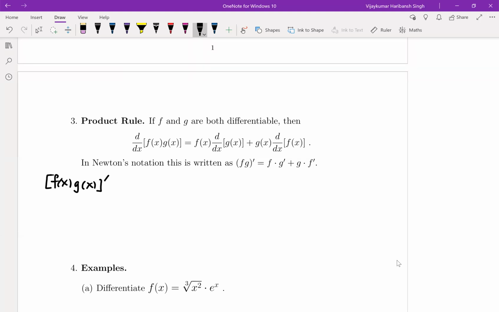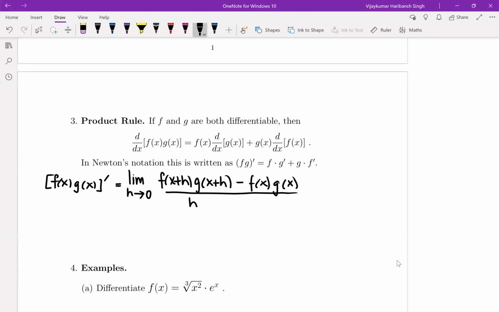Now, using the limit definition, so whenever we are trying to come up with a new formula, we have to use the limit definition. So the limit as h goes to 0 of f(x+h) times g(x+h) minus f(x)g(x) over h. If you are able to compute this limit, you have already computed the derivative, all right?